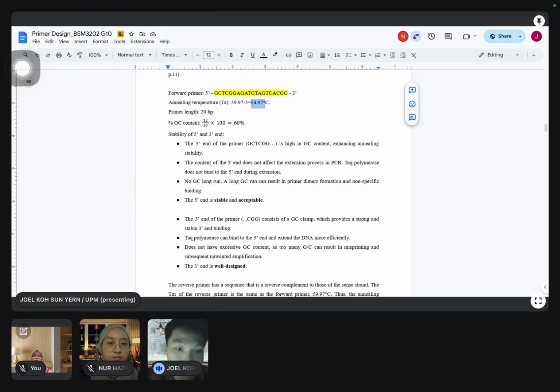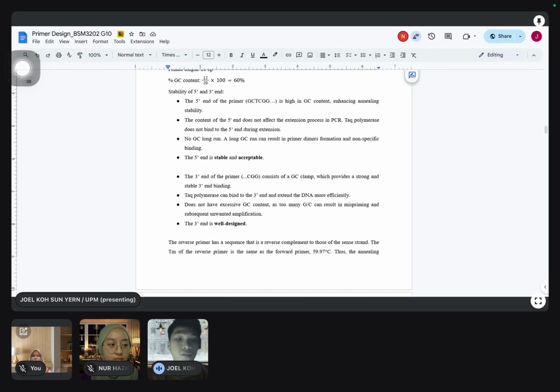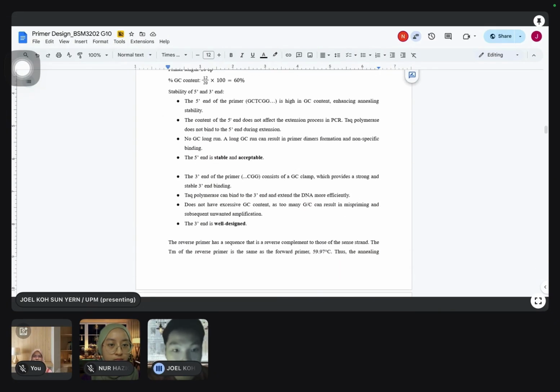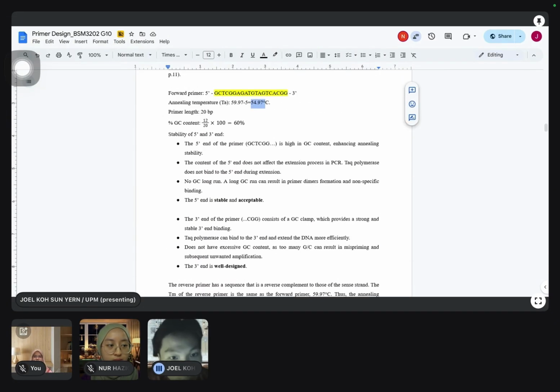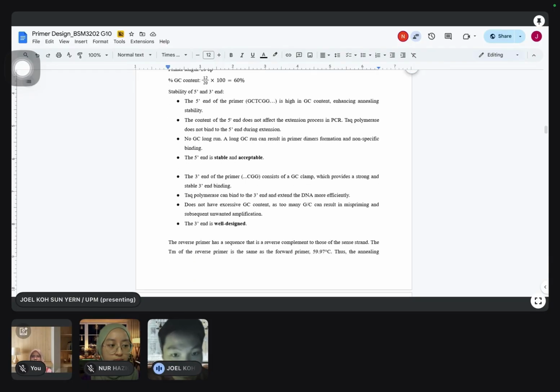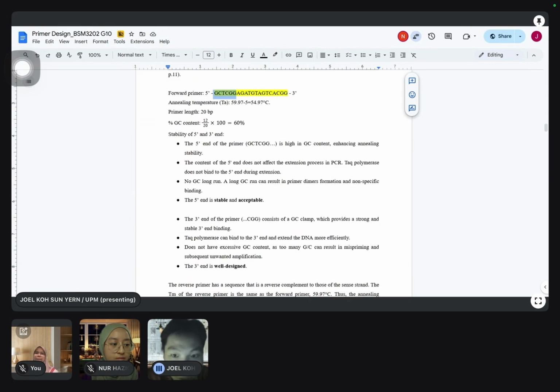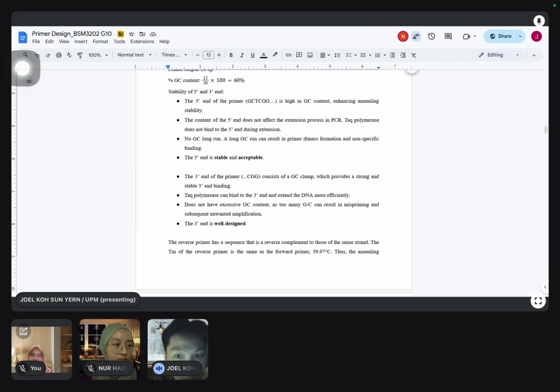We also look into the stability of the 5' end and 3' end of the primer when it binds to the template. The sequence at the 5' end, GCTCGG, is quite high in GC content, because you can see a lot of G and C at the 5' end. This is actually ideal, because it enhances the stability of the binding at the template.